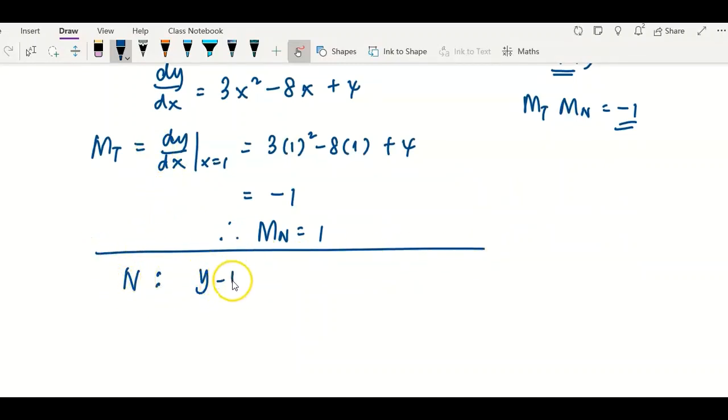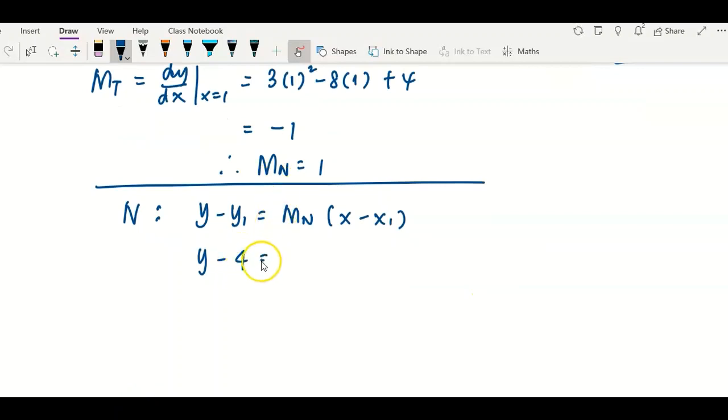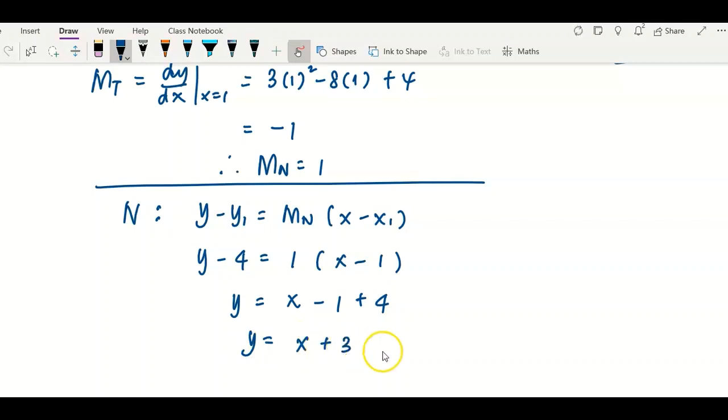I substitute all that information into my equation of the straight line, y minus y1 equals mn multiplied by (x minus x1). y1 will be 4, mn is 1, and x1 is equal to 1. Simplified, you have x minus 1 plus 4. You get x plus 3. This is the equation of the normal.